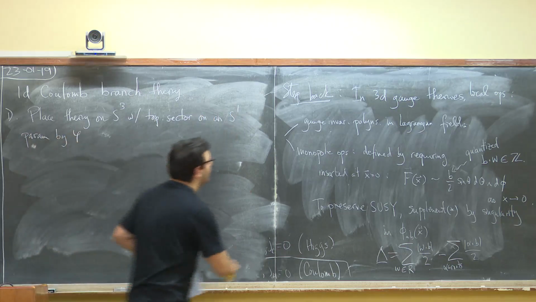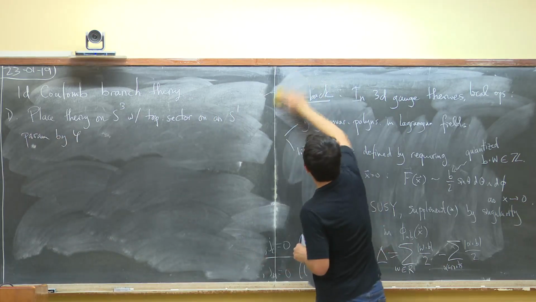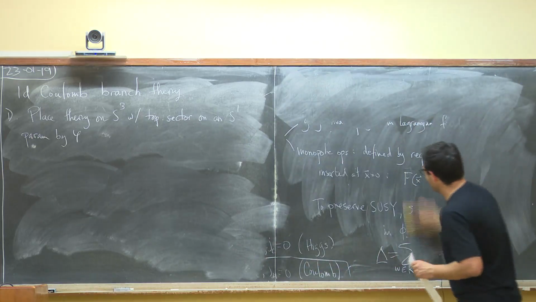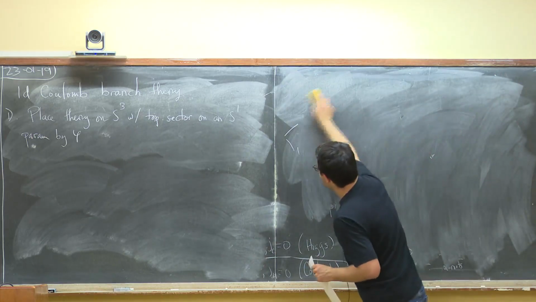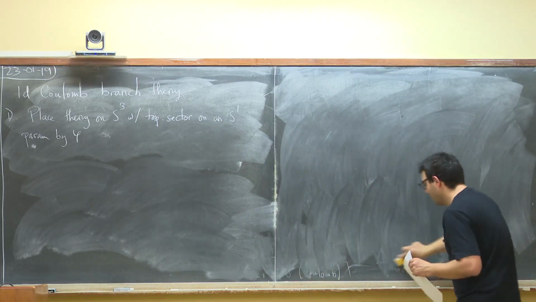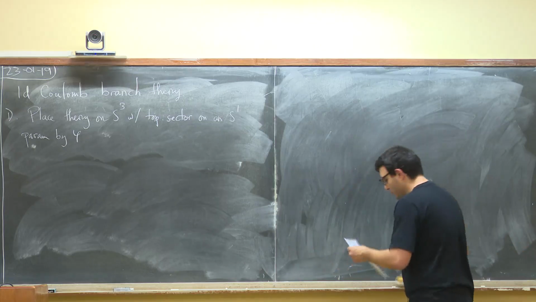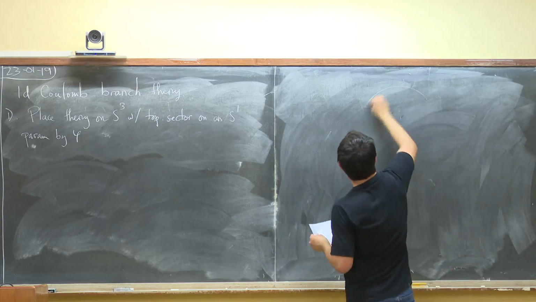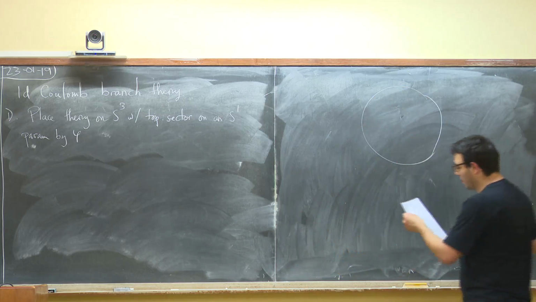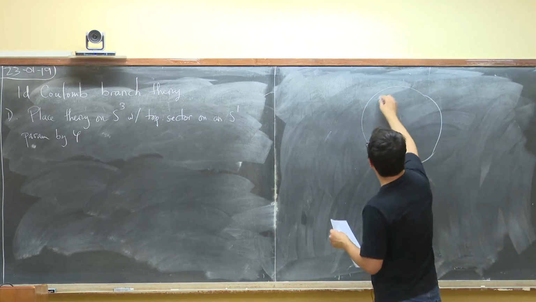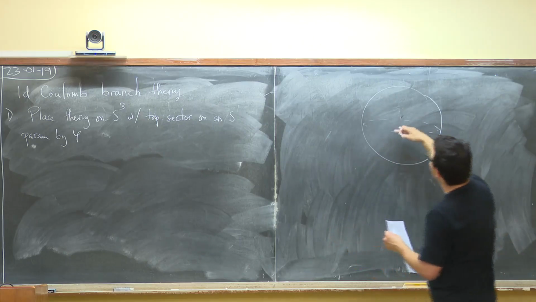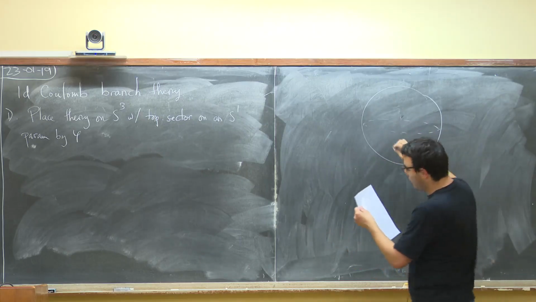I'd like to draw a picture. The picture is this. This is supposed to be a 3-sphere. This is an S2 over here, and the circle is parameterized by phi.